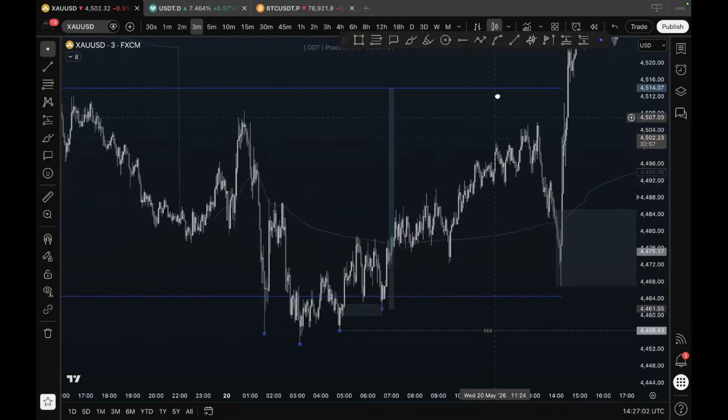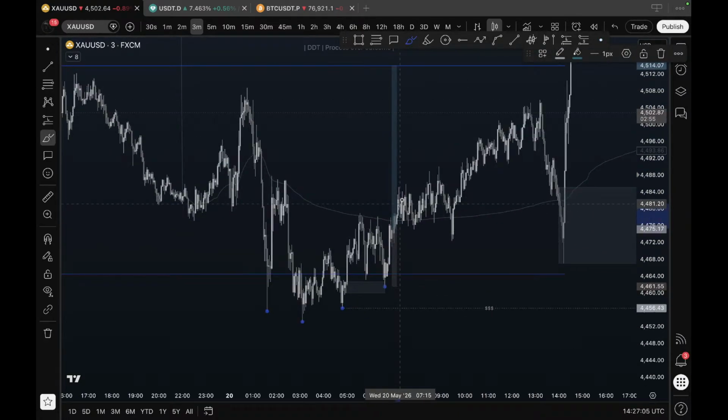So what I didn't like was that we had that super slow grind up. Initially it pushed higher, we got a break, then came down and also saw good buyback where liquidity got taken and then pushed higher. But then this is super dangerous price action where you basically don't move up, but very slowly move up, creating a lot of sell side liquidity. And then you only need a little break of structure, and then all these stops get wiped out.